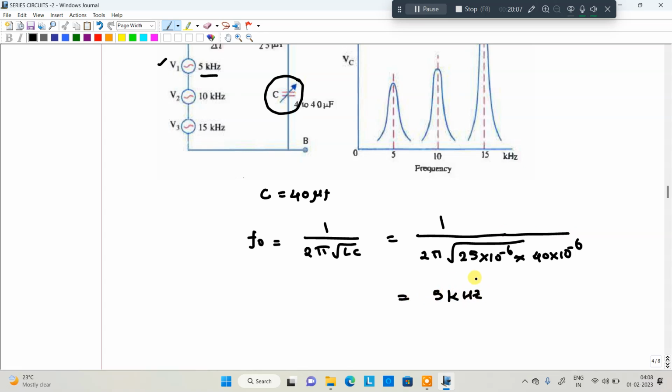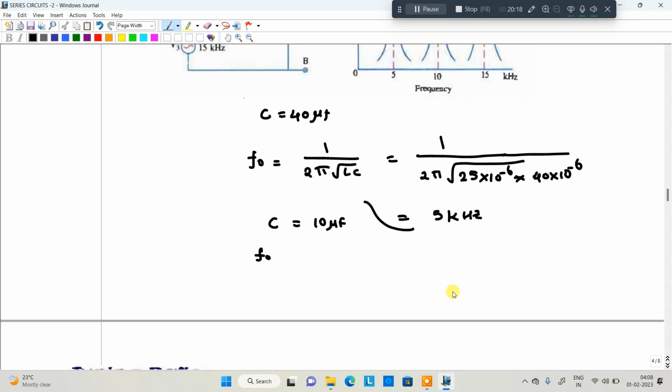For your understanding, I am deriving it here. Again I select the capacitor value, 10 microfarad. Let us take this example; in that case you will get 10 kilohertz.